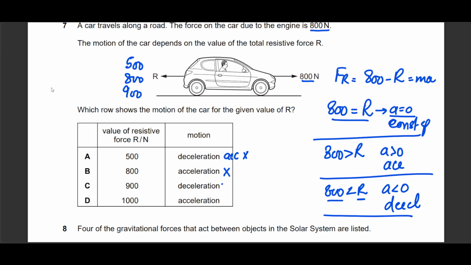So there should be deceleration. So this looks like a plausible case. In option D, he says 1000 in the backwards direction. So again, 1000, which is R, is much greater than 800. So it should have been deceleration. It should have been deceleration, then it would be the right answer, but it's not. So C seems to be the right answer.